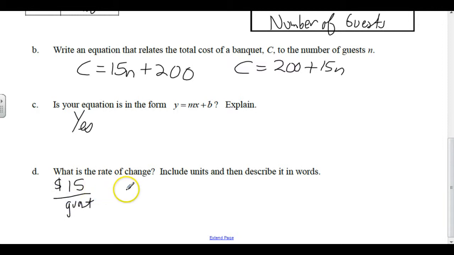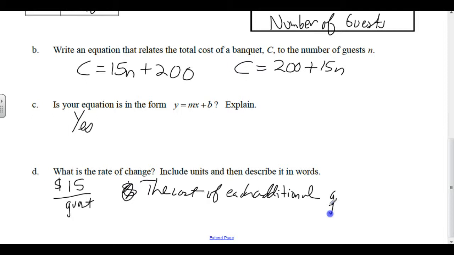Include units and describe it in words. The cost of each additional guest is $15.